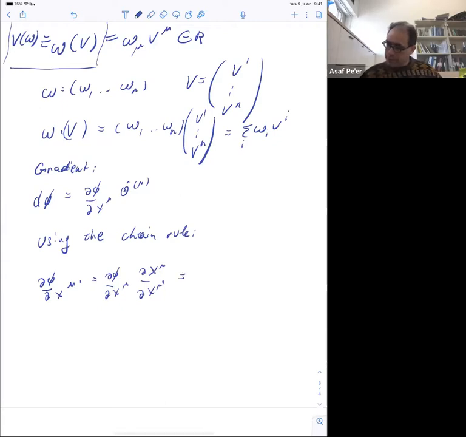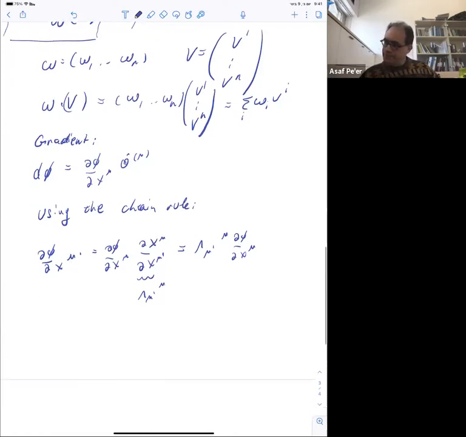This is just Λ^μ_μ' times ∂φ/∂x^μ. So indeed it transforms like the opposite Lorentz transformation, which is what we expect essentially.